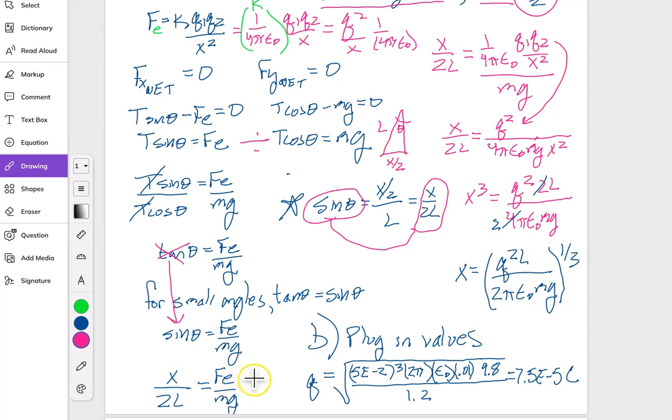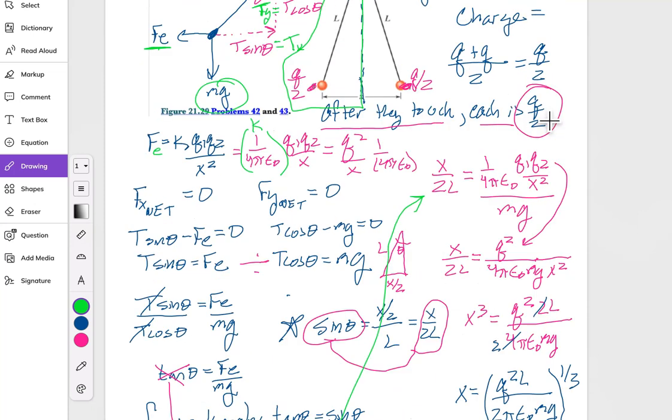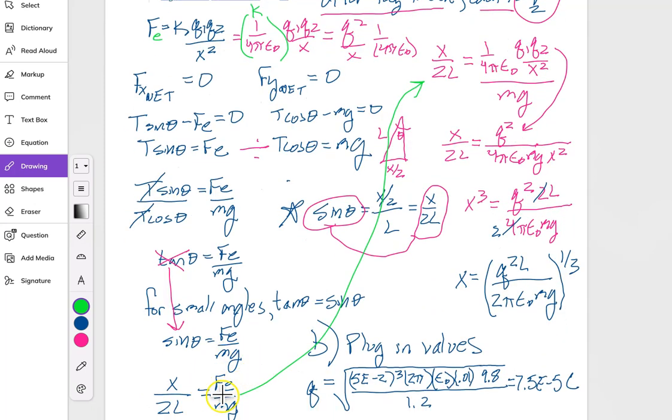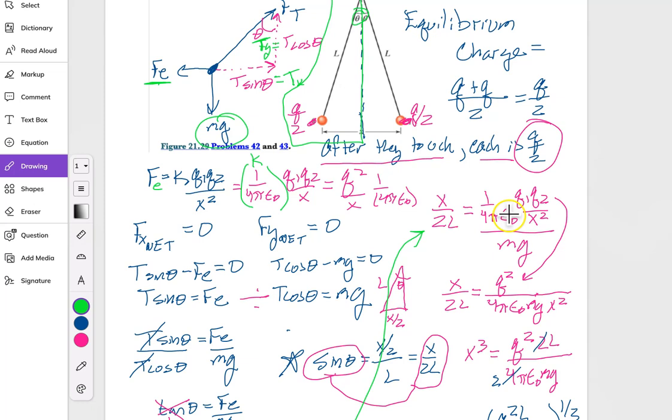Now we're going to go from here up to here, and plug everything in. So now I've got x over 2L. I need Fe. Remember, Fe, we said, was 1 over 4 pi epsilon naught times Q1 times Q2 over x, and this should be squared.